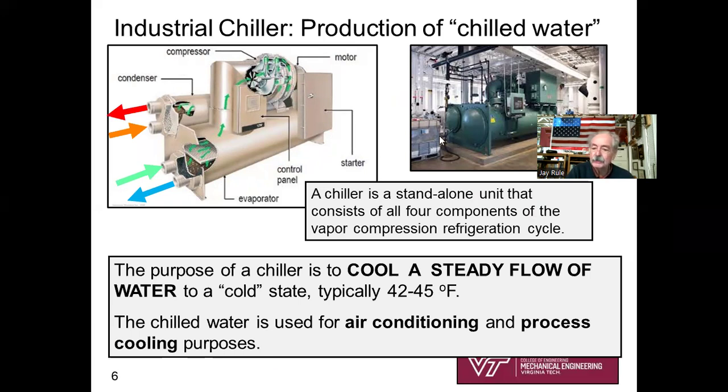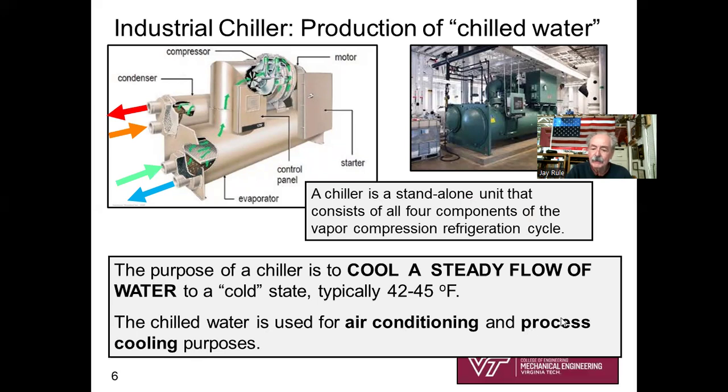Water goes across the cooling coils of the cycle to produce cold water. And so the purpose of an industrial chiller is to provide a cool and steady flow of water to a use point. And in many, many applications of an industrial chiller, we use that cold water for air conditioning.